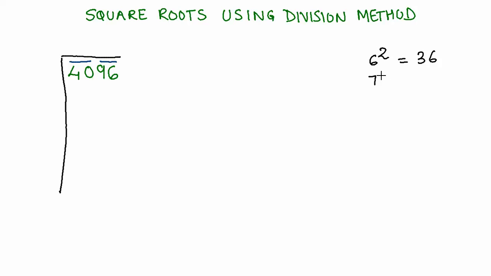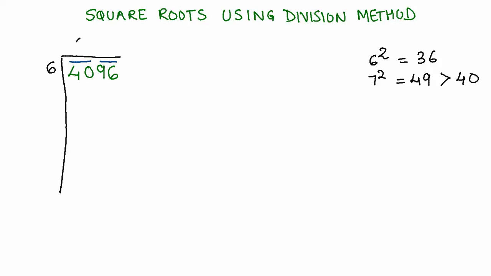Now if I take 7 squared, it gives me 49, which is greater than 40. So we will take the first digit of the quotient as 6.